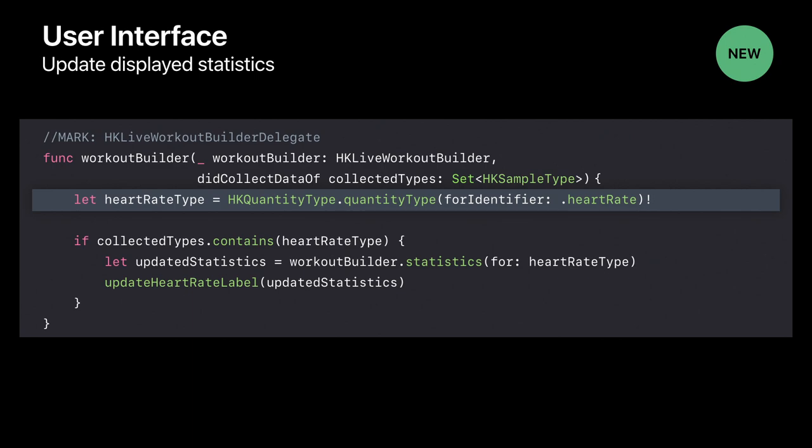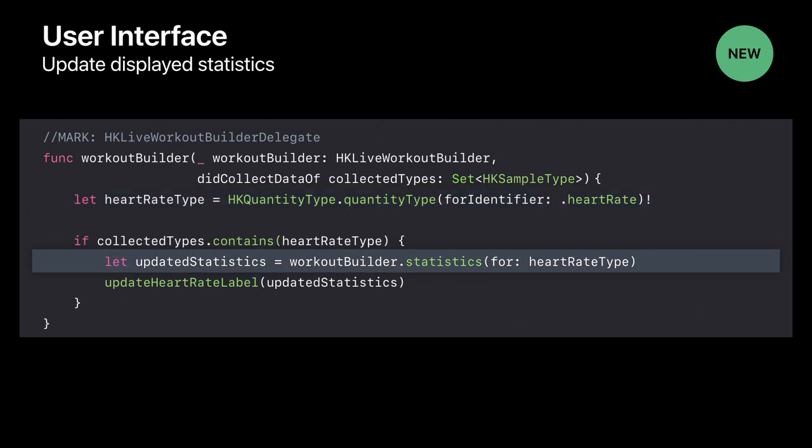And then I simply make use of the builder's statistics for quantity type method, which gives me an HK statistics object that will contain information, in this case, like minimum, maximum, average, as well as most recent value for the heart rate that's recorded throughout this workout. From there, I can simply update my user interface.